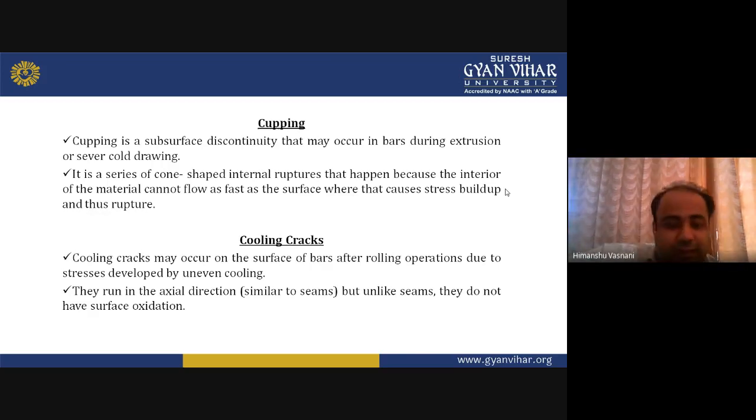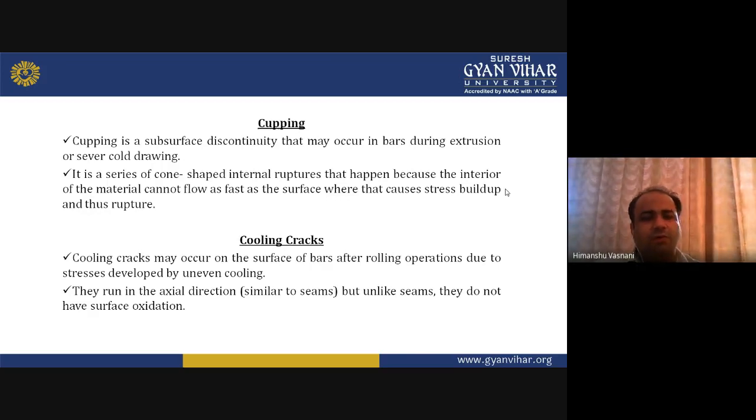Then cooling cracks. You might have heard about cracks earlier also. Cracks should be avoided because they may be problematic in the short term, and if not avoided, they may create negative effects in the future. Cooling cracks may occur on the surface of bars after the rolling operation due to stress developed by uneven cooling.